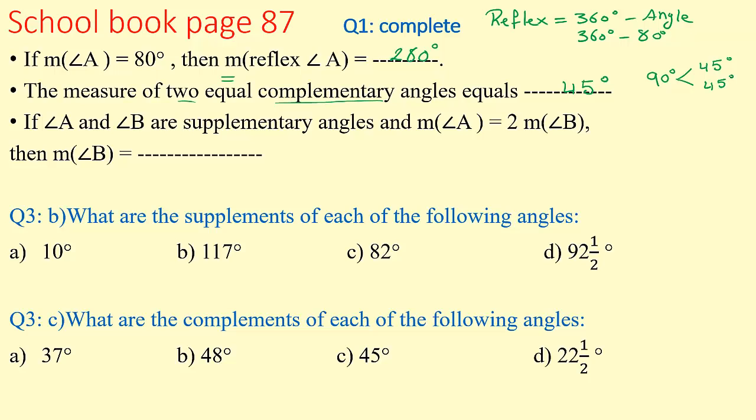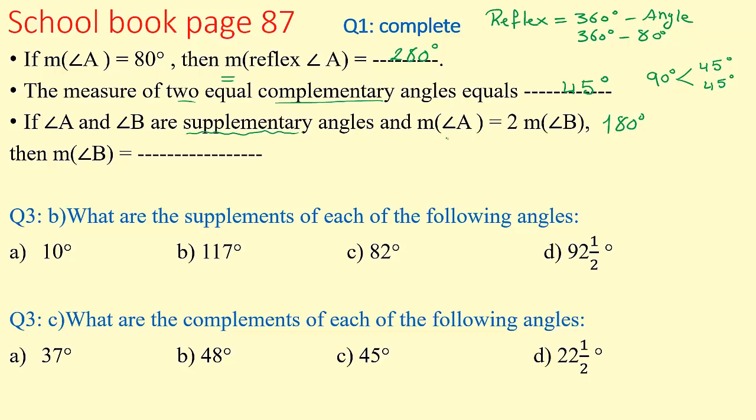Number C, if angle A and angle B are supplementary, so now I know that if I add them together, they will sum up to 180 degrees since they are supplementary.